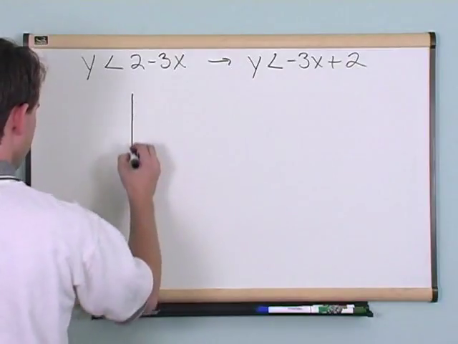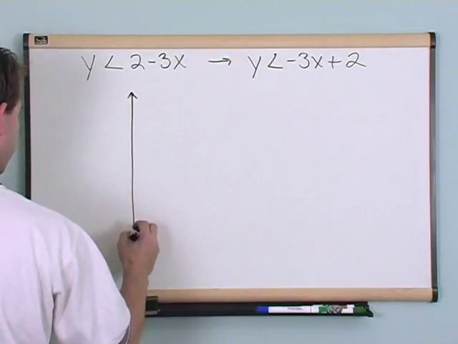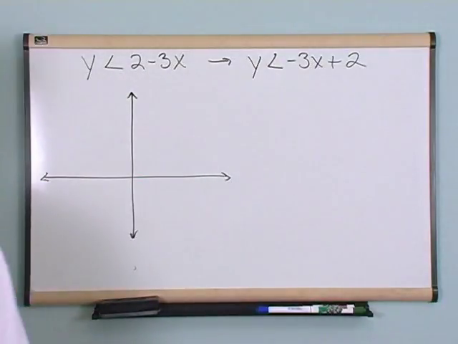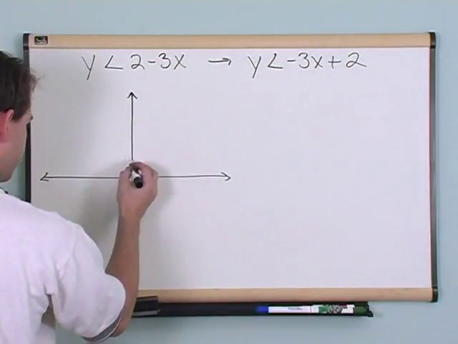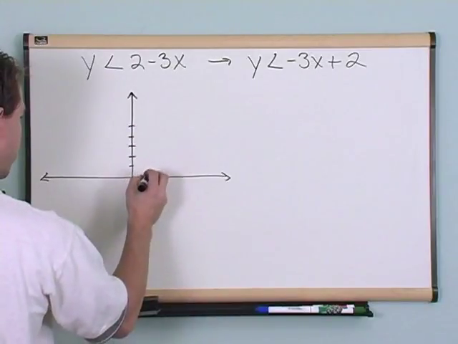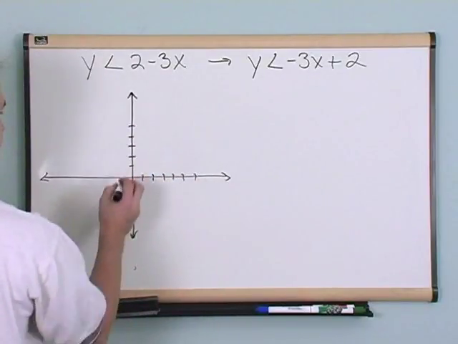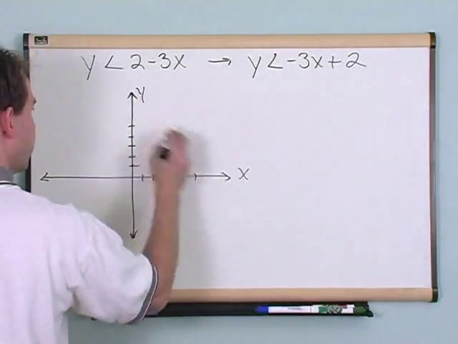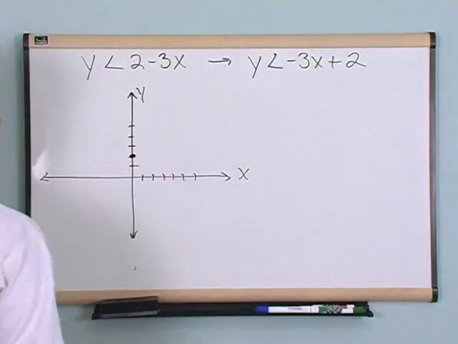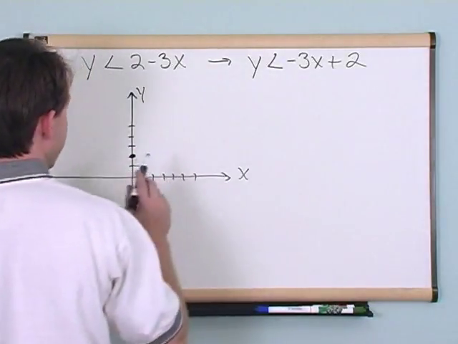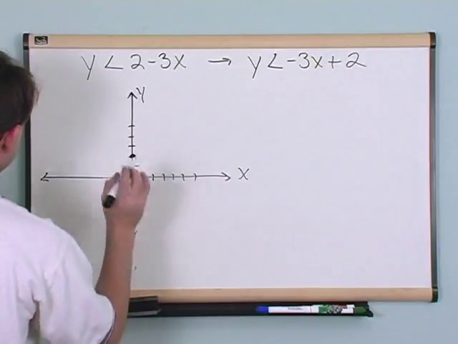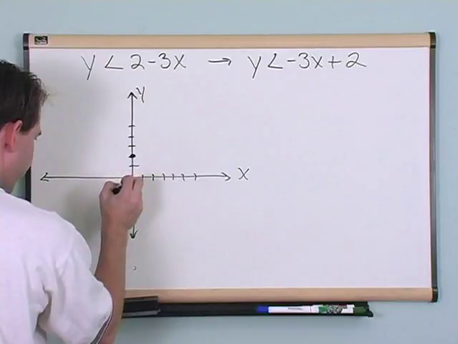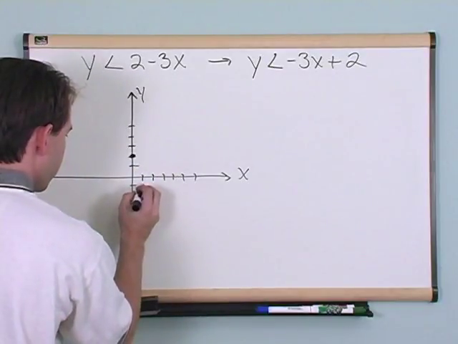First thing you do, just like before, you plot that line just like you're plotting an equation of a line, and you don't even have any idea there's an inequality here. So I draw some tick marks like this. My y-intercept is 2, so I'm going to come up here to y equals 2, and I'm going to put a big dot like that. My slope is negative 3, which means rise over run, remember, but it's negative, so I'm going to rise downward. 1, 2, 3 over 1, which is here.